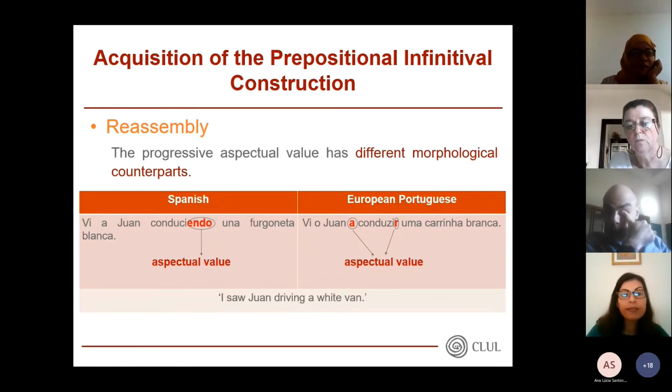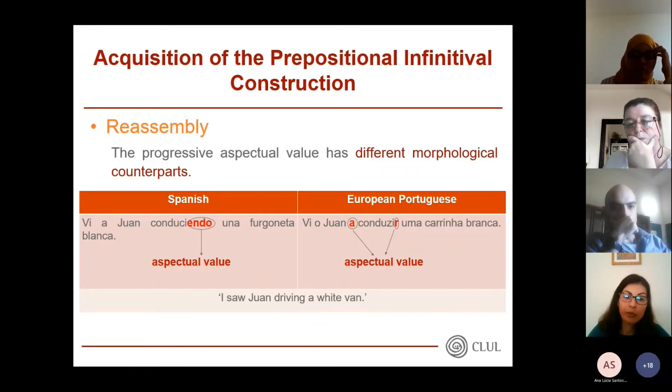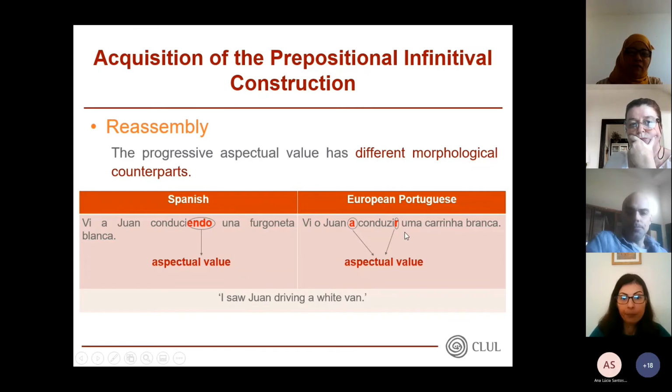Then they would have to reassemble the aspectual feature because it has different morphological counterparts in the two languages. As we have seen, in Spanish the aspectual value or feature is encoded in a gerund verb form. It might have a covert realization of the preposition or aspectual head. But in European Portuguese, the aspectual value is realized by the preposition plus the infinitival verb form.